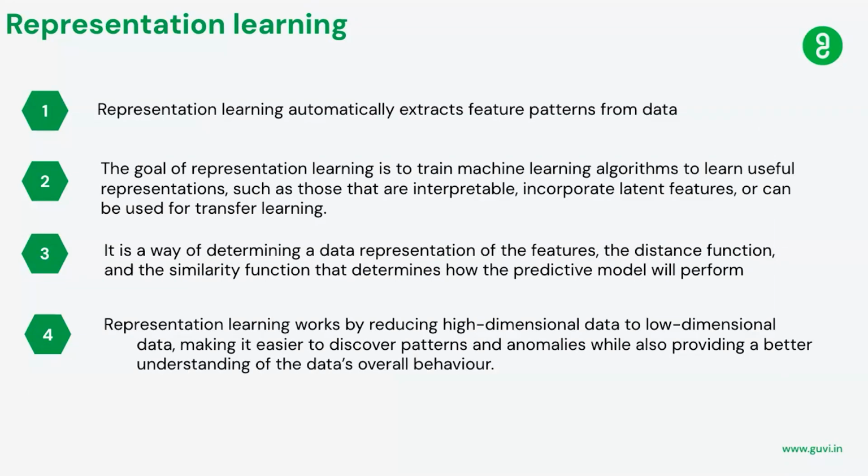So it will basically identify how your predictive model will perform by capturing how similar two particular images are by looking at their features and then finding out similar patterns. Or it can also identify what particular feature represents what portion of the text so that it can help you with textual descriptions. So how does it work? It reduces high dimensional data to lower dimensional data.